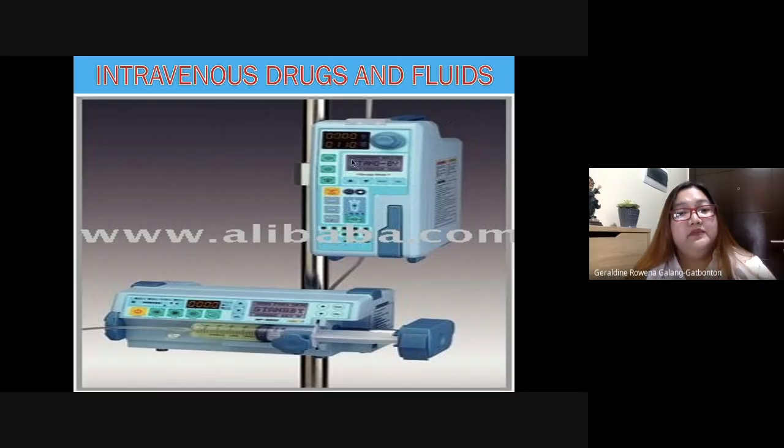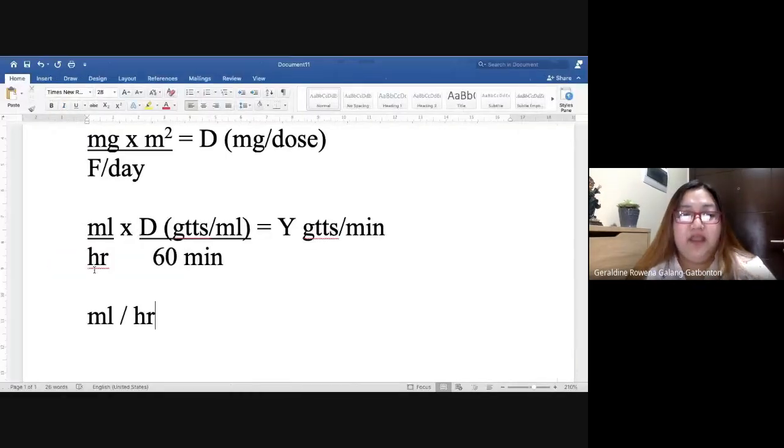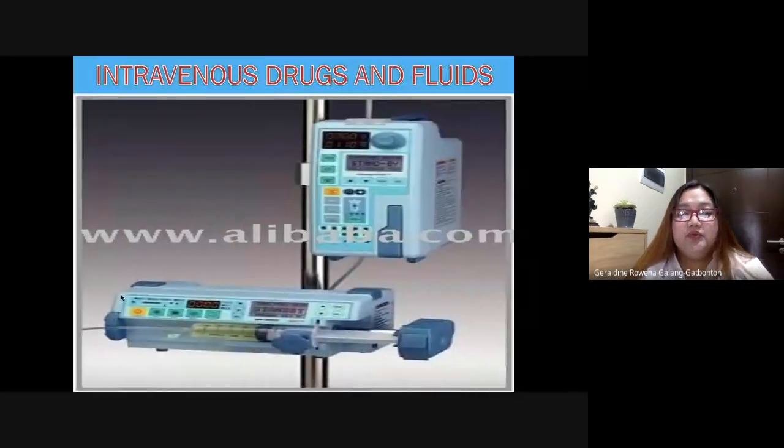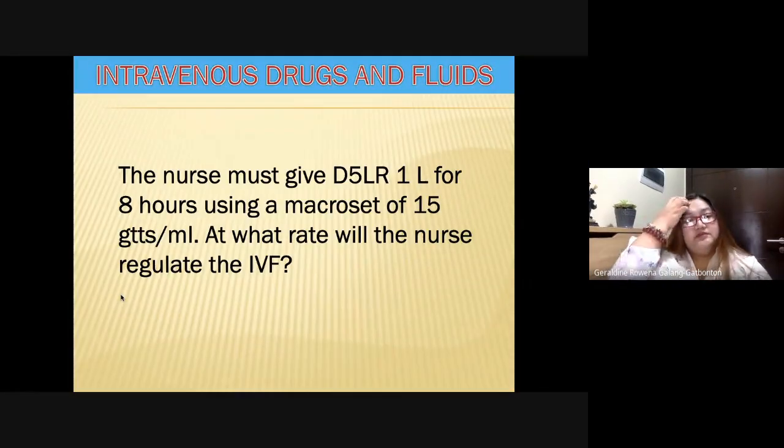Okay? So, standard siya with the machine, just the ml per hour. Pero pag walang machine, manual kang magre-regulate, you need this entire formula. Okay? So, let's have examples.